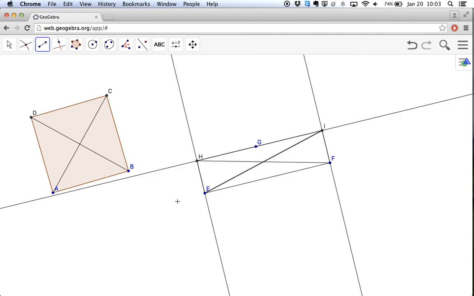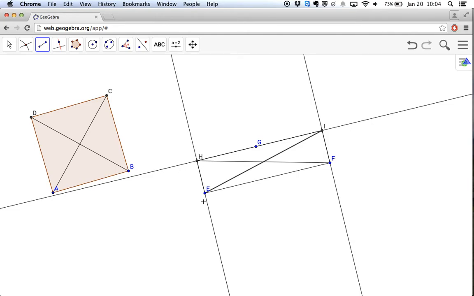Remember, they both should have the properties of all parallelograms regarding the diagonals, but they may have properties that are slightly different. You guys are going to do the same thing for a trapezoid, which I think we may have already done, and you can just investigate that very similar to the way that we've done this here.